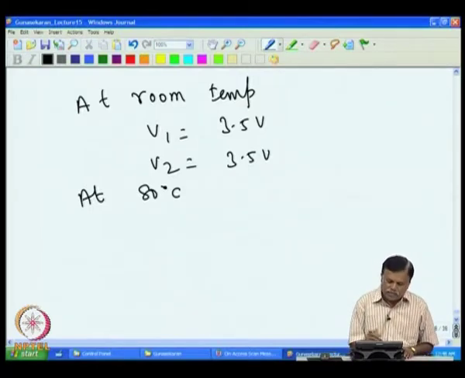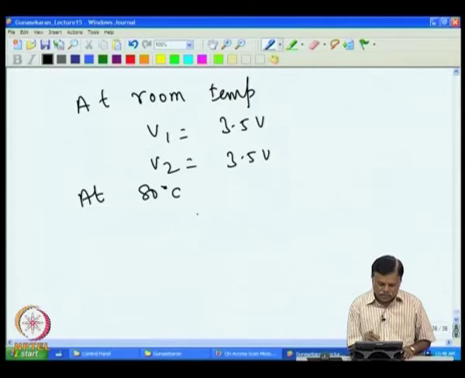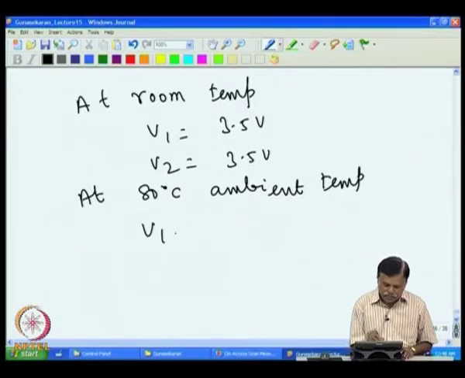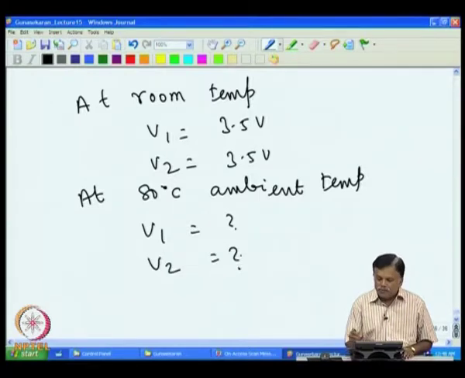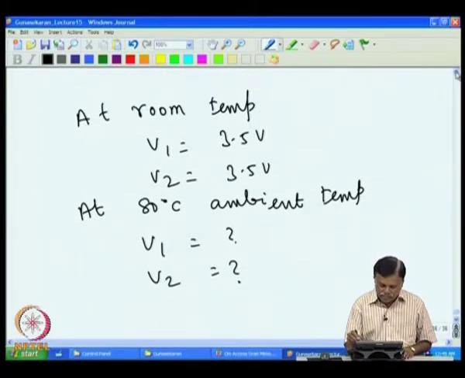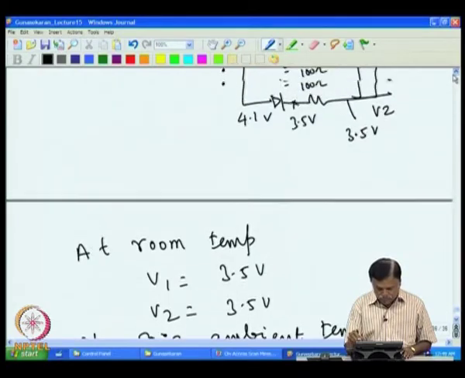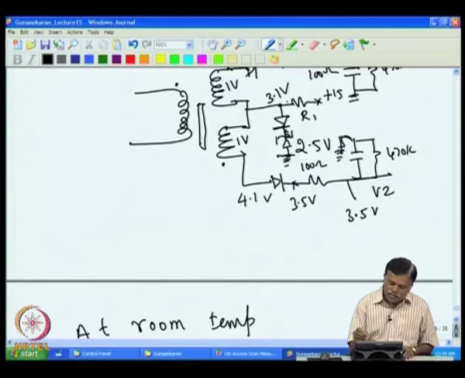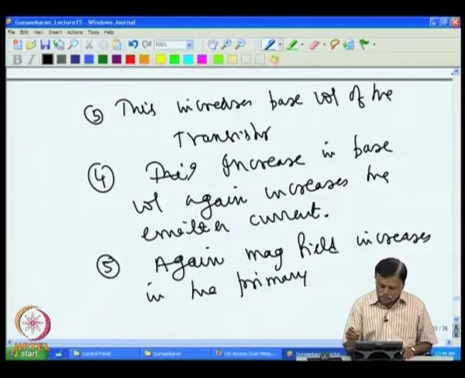So, if the ambient temperature goes to 80 degree, then what is V1, what is V2? So, if you go back and calculate at 80 degree, what is the voltage that is expected at this point?